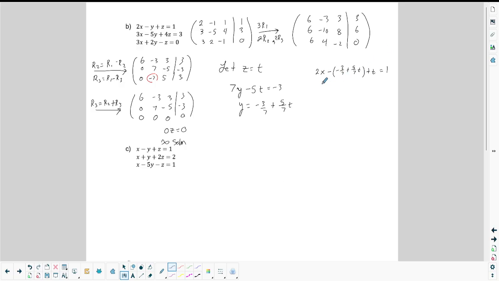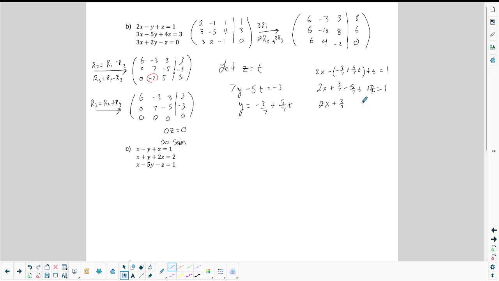And we'll do the math out just to see it. 2x plus 3 over 7 minus 5 over 7t plus t equals 1. 2x plus 3 over 7. If that's negative 5 over 7, that's 7 over 7.